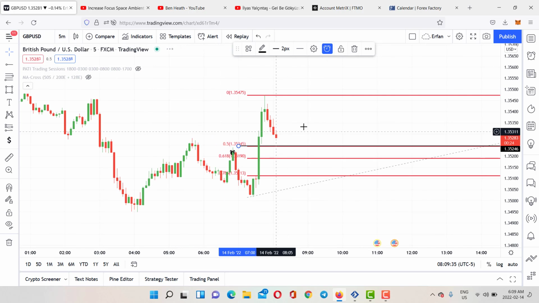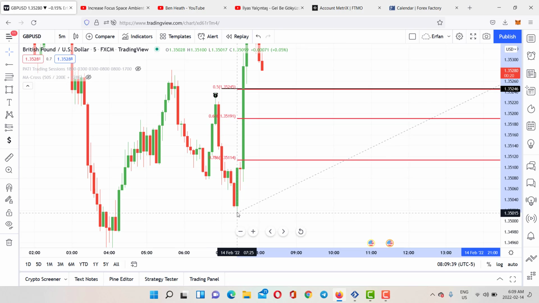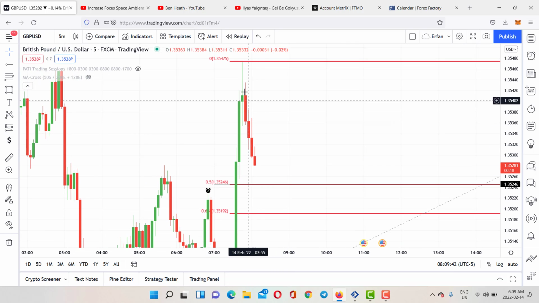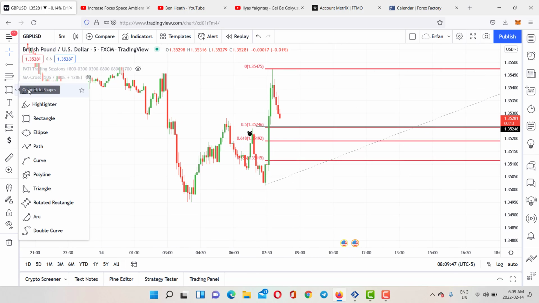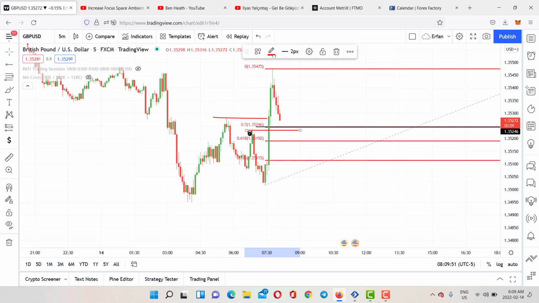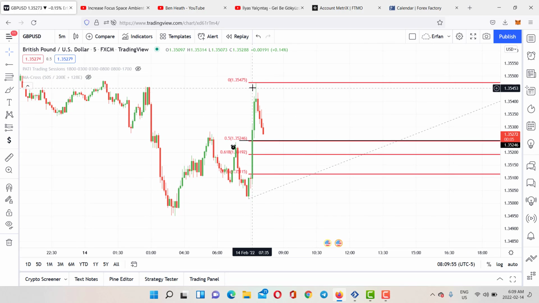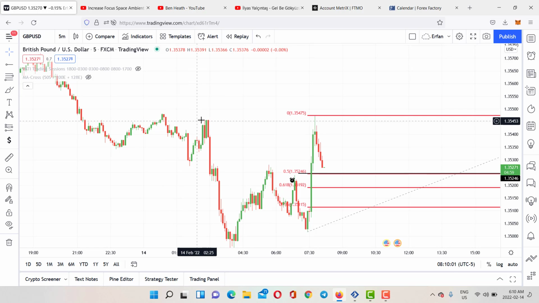And on the 5-minute time frame, as you can see, from here all the way to here, this is a beautiful correction. We have this break of structure here and this break of structure, so it means the price is trying to go bullish a little bit. Now we have this correction because the liquidity in this area and this area is already grabbed.